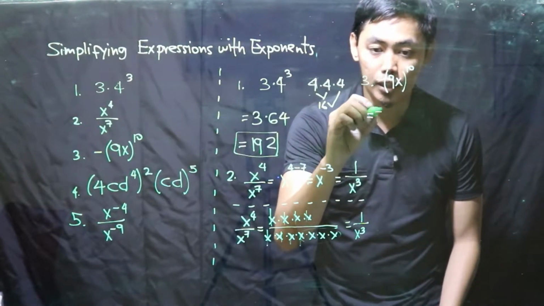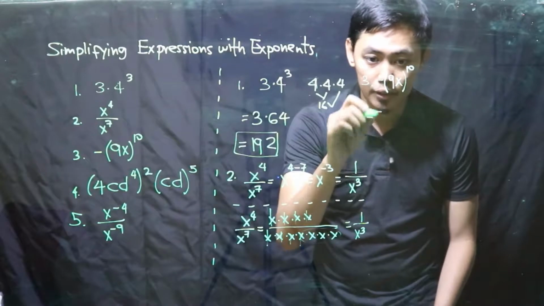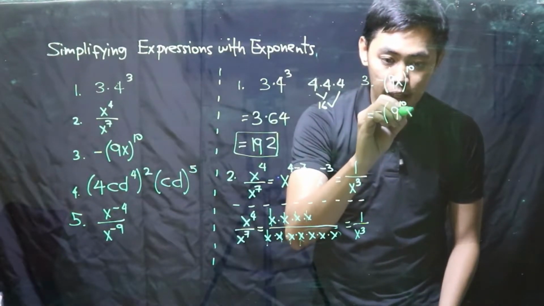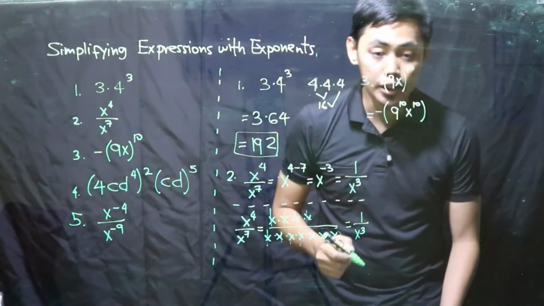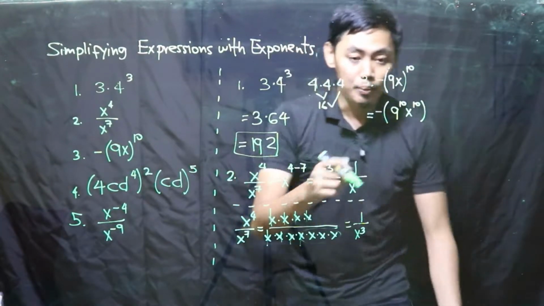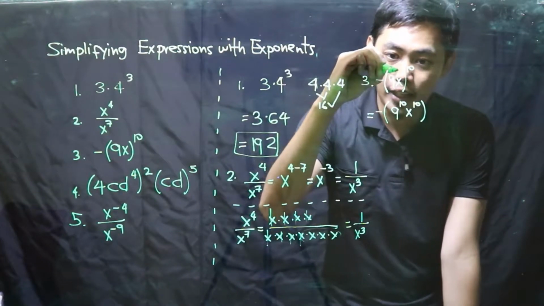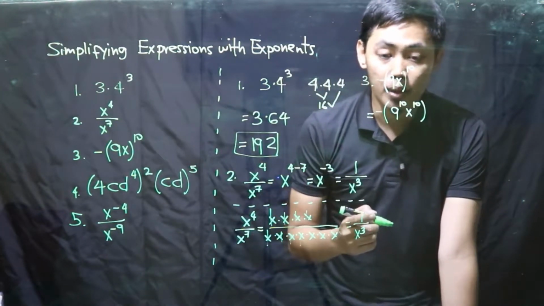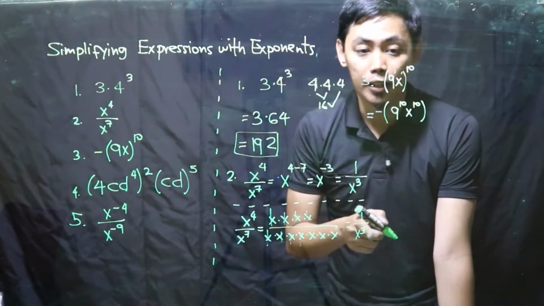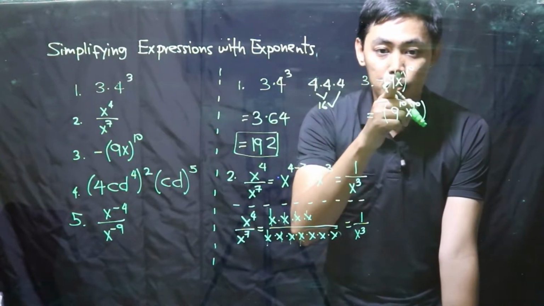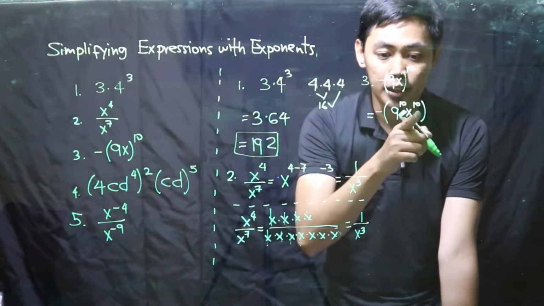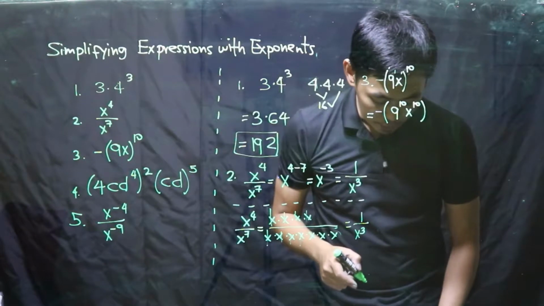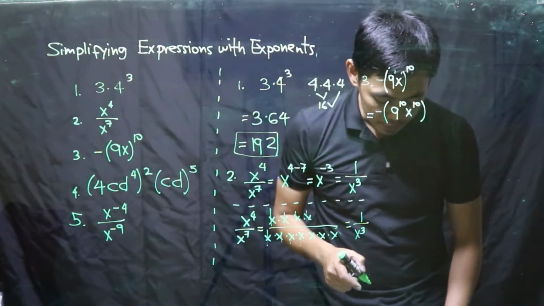We keep the negative, and then we have 9 to the power of 10 and x to the power of 10. This is the product rule as well, because 9 and x each have an exponent of 1, we just don't indicate it. 10 times 1 is 10. So we have 9 to the power of 10 and x to the power of 10.